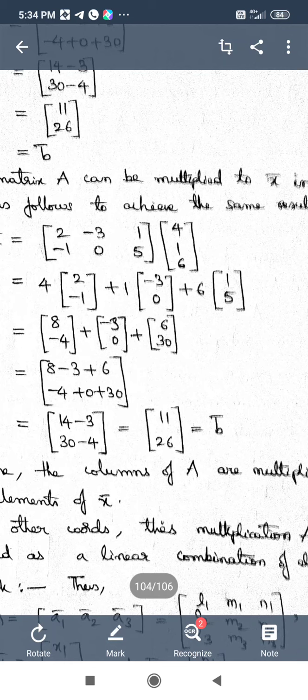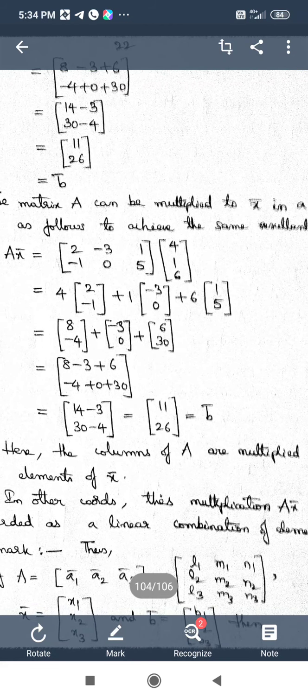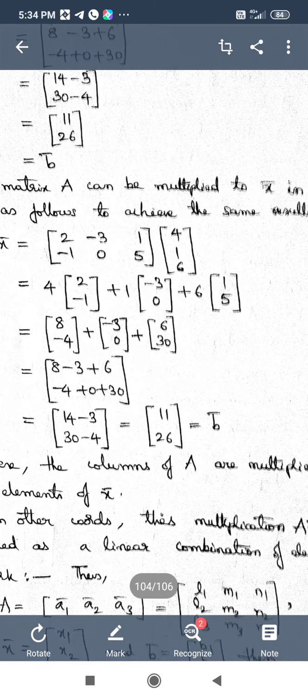This (1, 5) is the third column vector in the matrix A. So we can see here this is a linear combination of the column vectors of the matrix A with the coefficients or weights from the second matrix X bar.